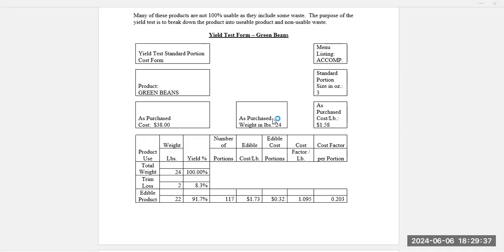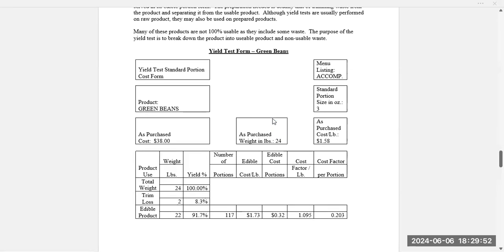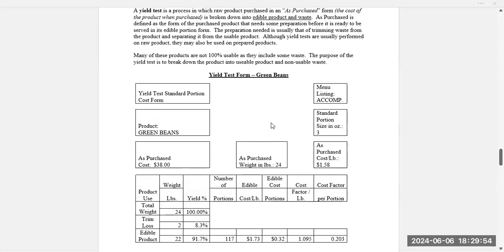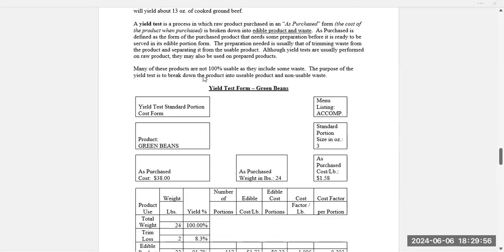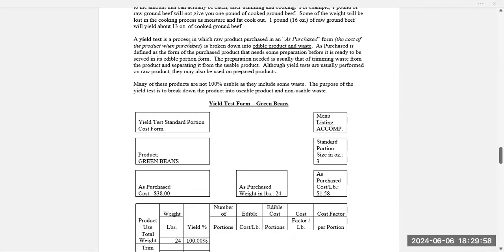You're filling out this form because you want to know your yield test. Sir, what is yield test? Okay. If you don't remember, a yield test is a process in which raw product purchased in an as purchased form is broken down into the edible product and your waste.